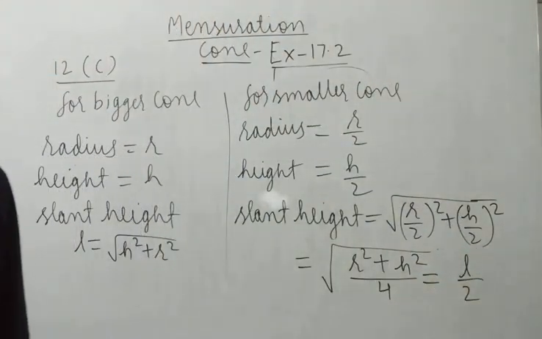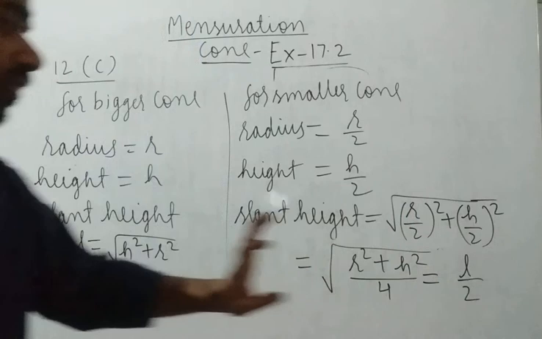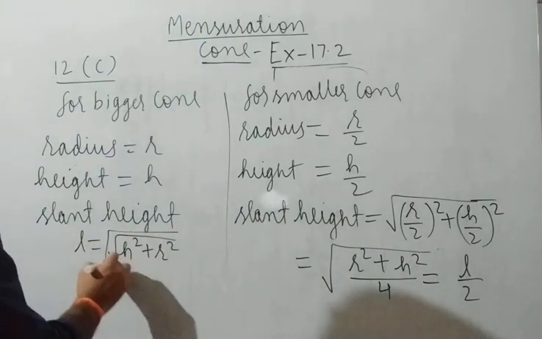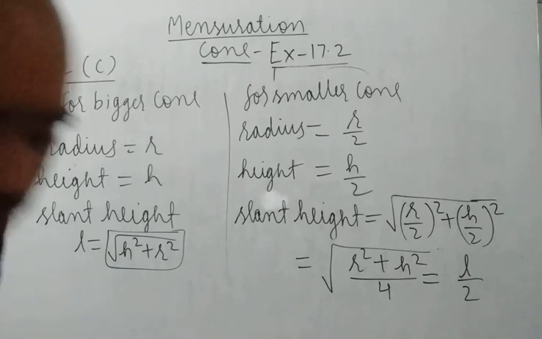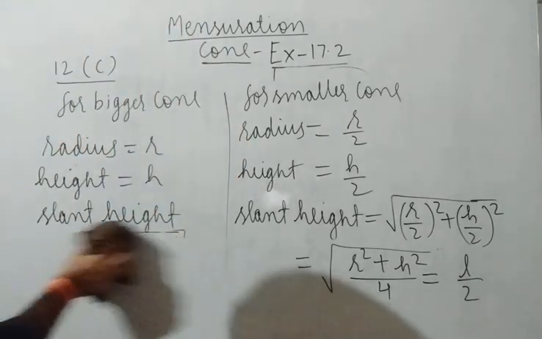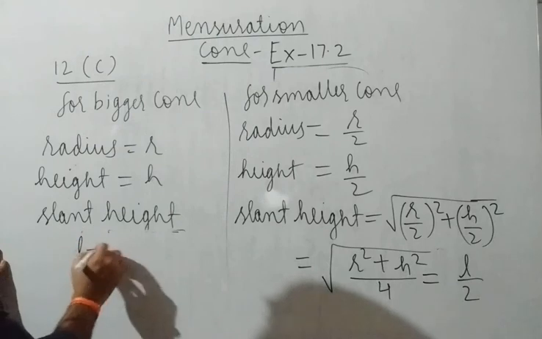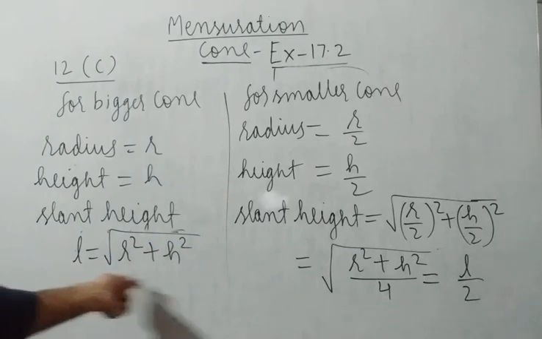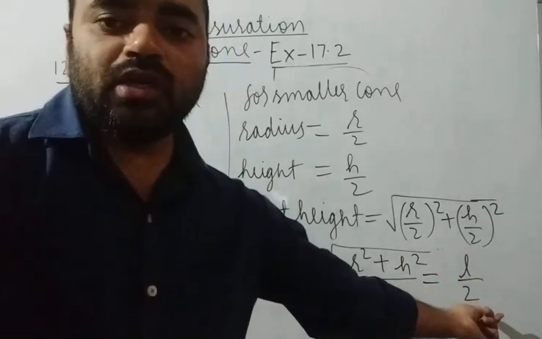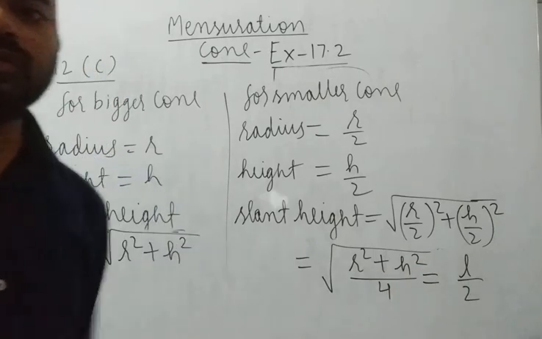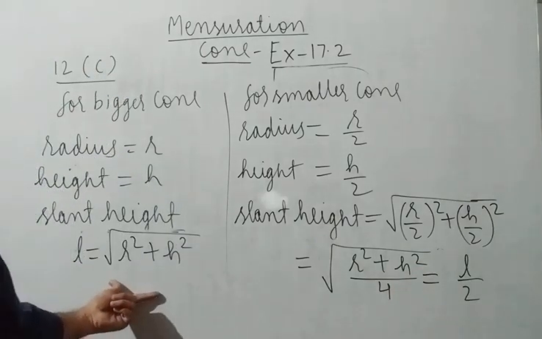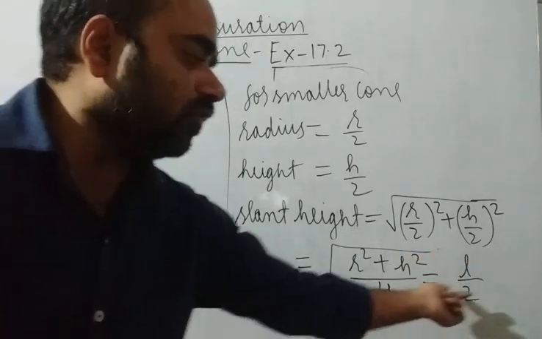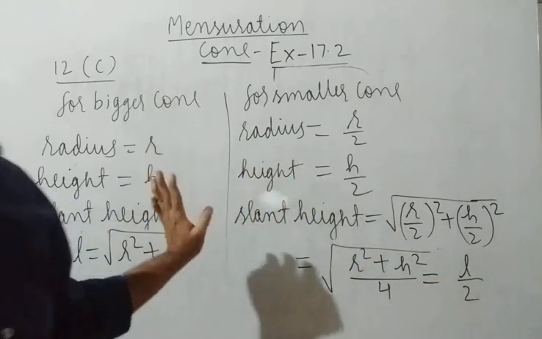Finally, that will come under root of R square plus H square is L, and under root of 4 is 2. It means that is L by 2. Correct? It means slant height is also half.